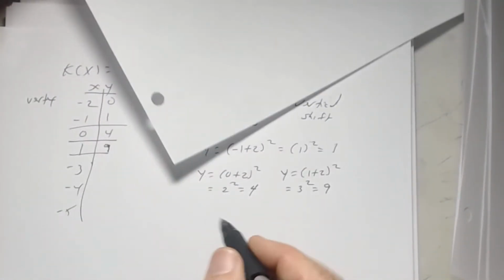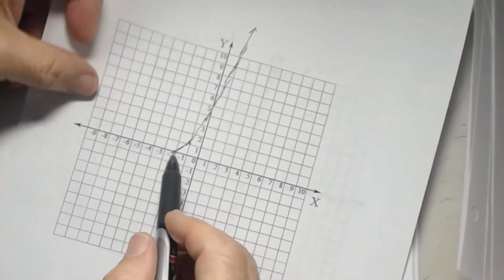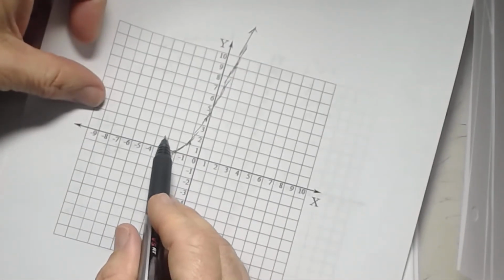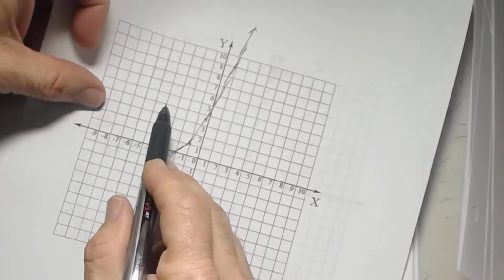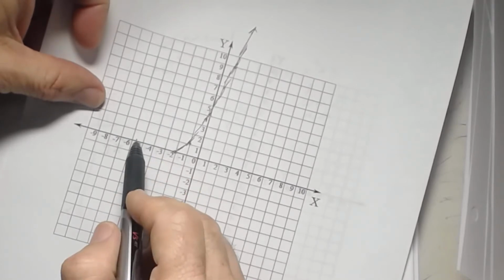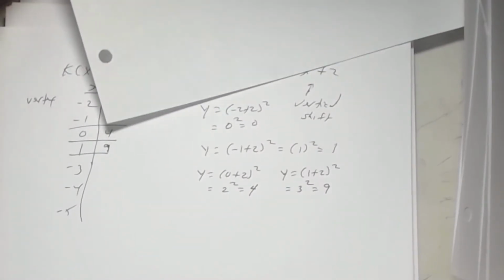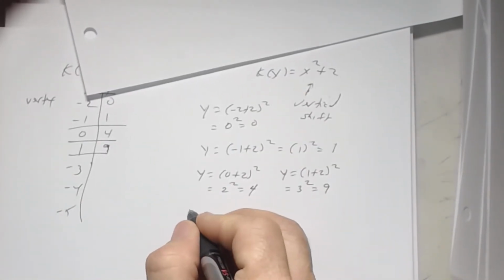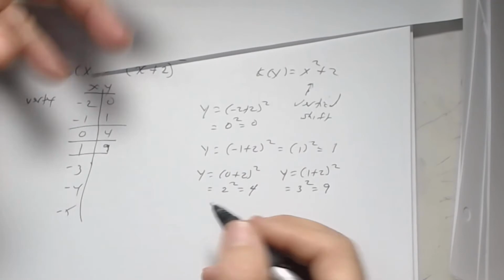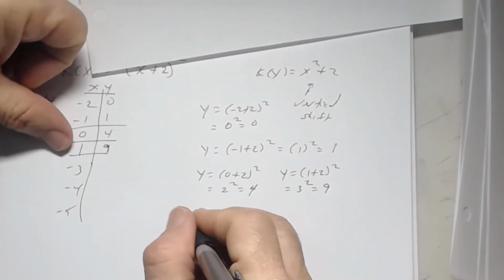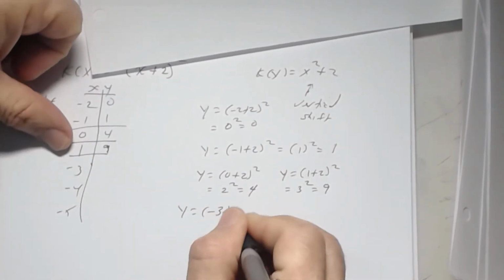So if x is -3, what do you think my y value is? 1. Very good. If x is -4, what do you think my y value is? 4. If x is -5, it should be what? 9. The idea of symmetry. Okay, if you didn't see it, though, just work it out. If x is -3, I get y equals -3 plus 2 squared.